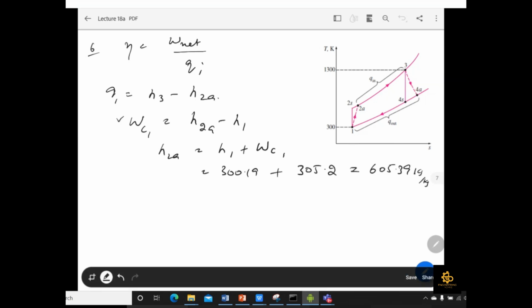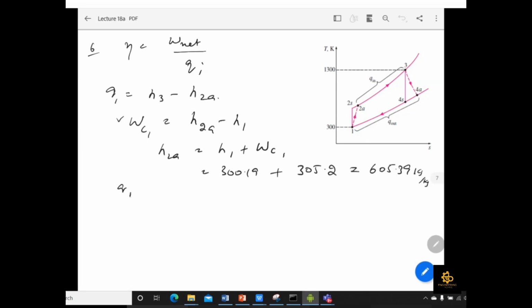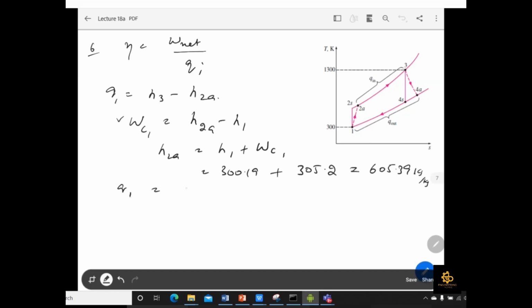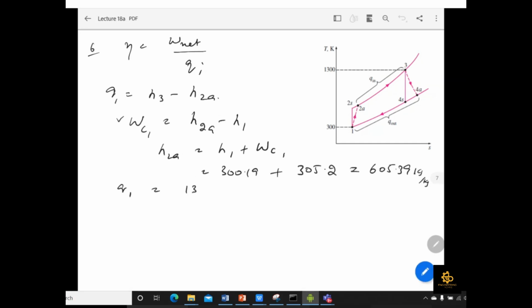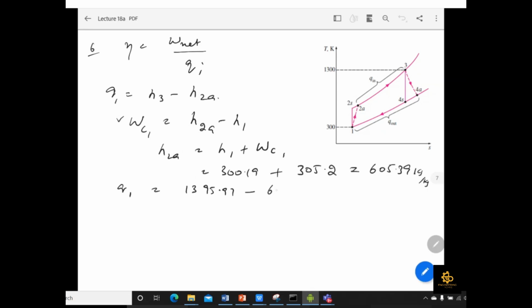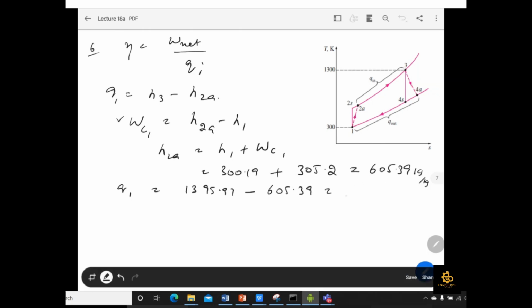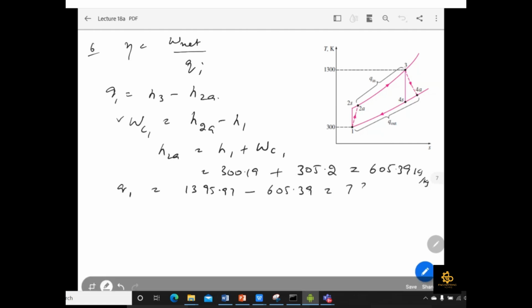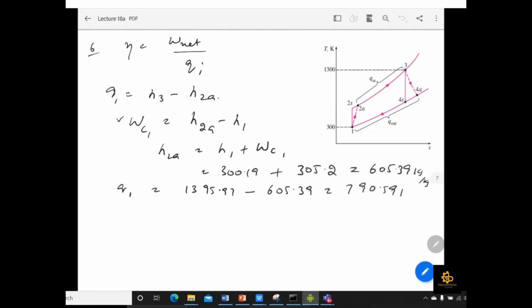Now we can easily put the value in Q in, which is H3 minus H2A. The H3 value is from the previous example, 1395.97, and H2A is 605.39. Solving it, it turns out to be 790.58 kilojoule per kg. So now the actual Q in is known to us.